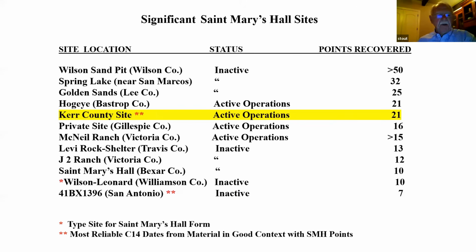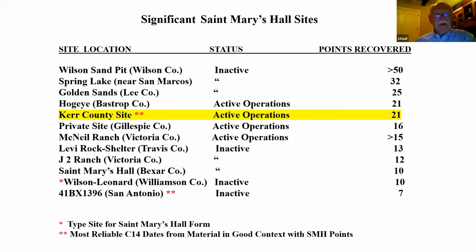This is a summary out of actually Dr. Hester's 2017 publication on St. Mary's Hall sites in the state. And you can see by this slide, which I checked again yesterday, we had 21, and that put us in 5th place.